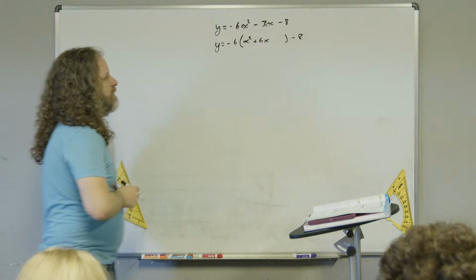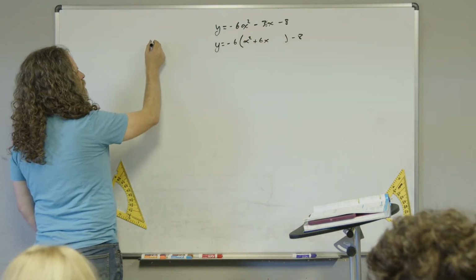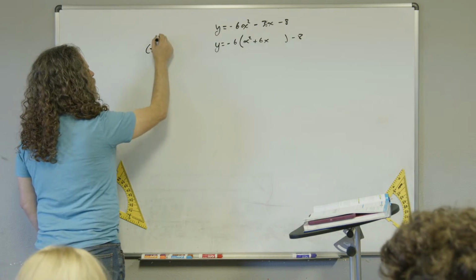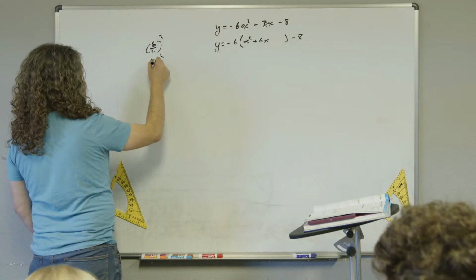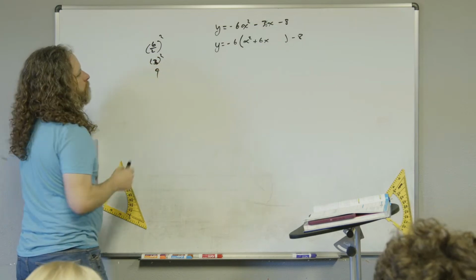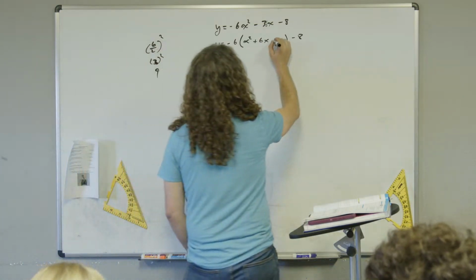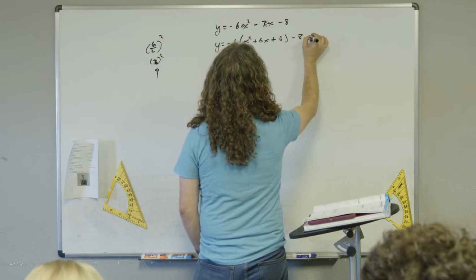Now we complete the square. 6 divided by 2, square. 3 squared is 9, plus 9 minus 50.